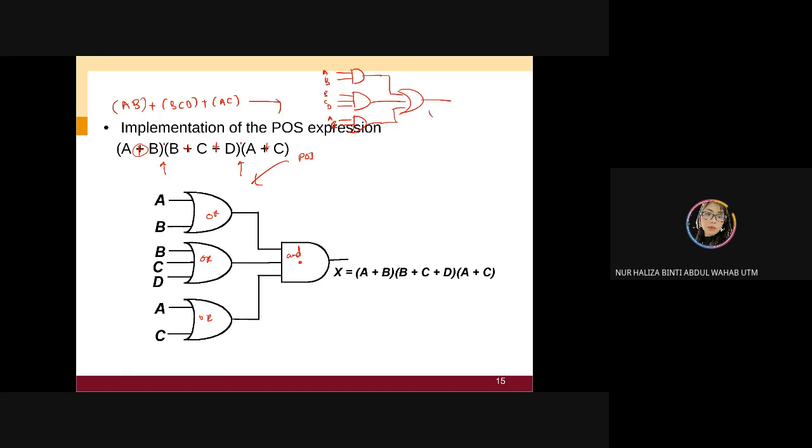Then you have your X equal to AB plus BCD plus AC. So you can see the differentiation between this SOP and POS.